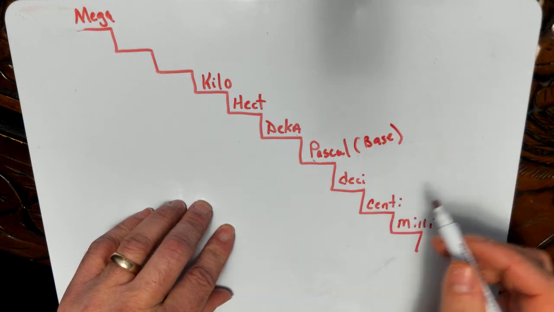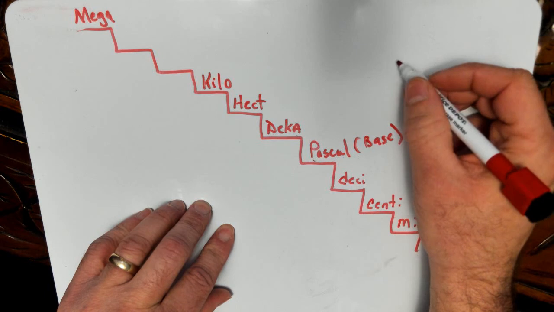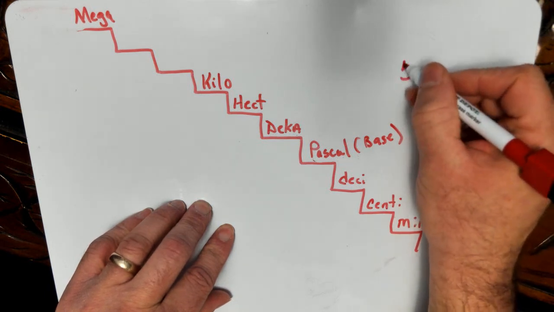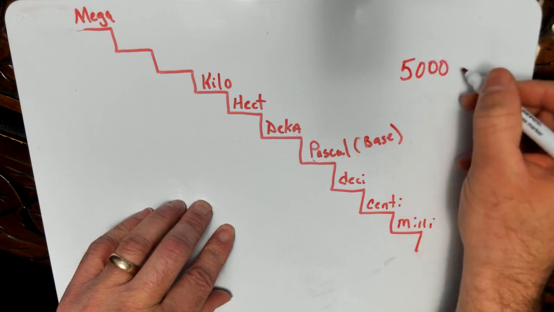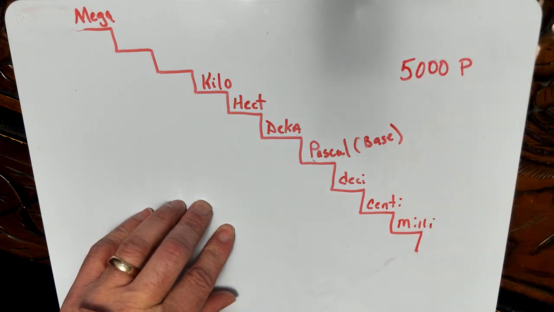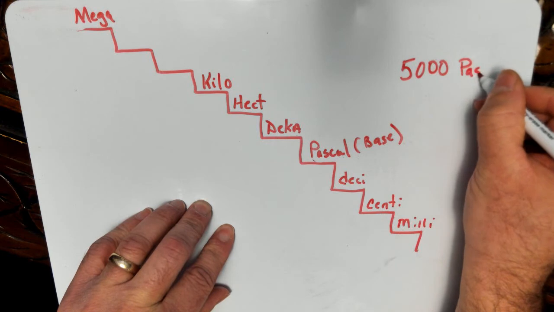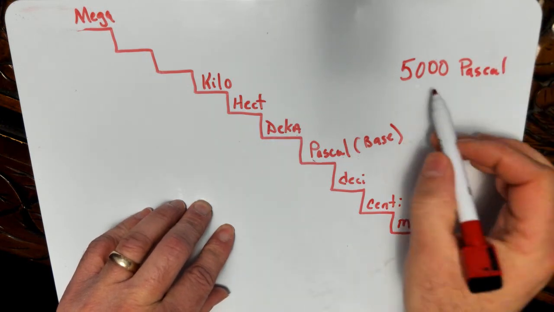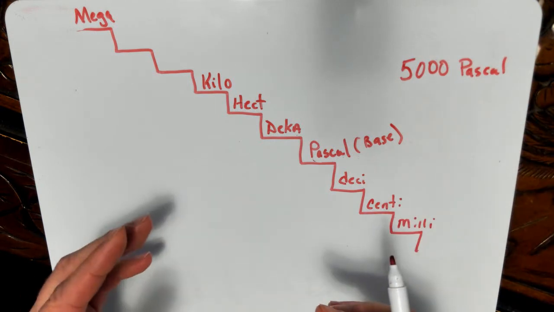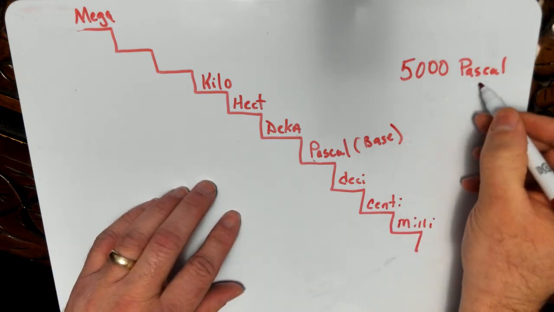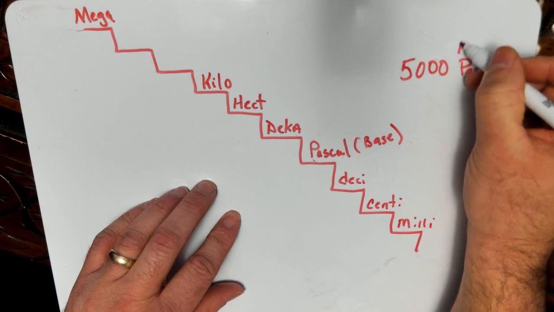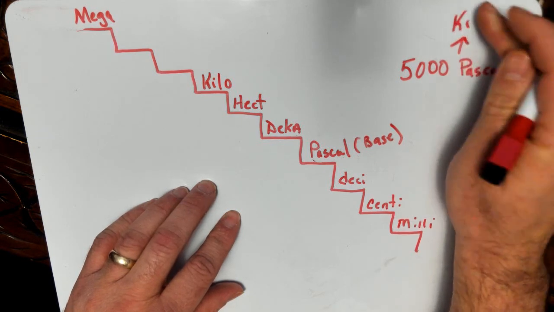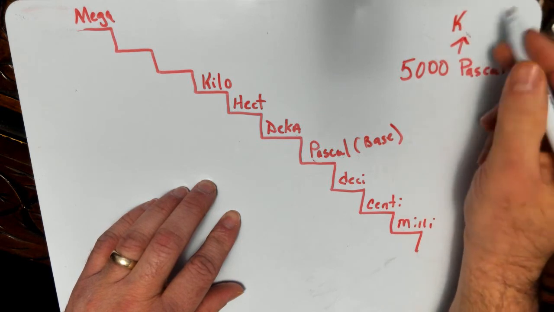I'm going to put right beside of it "base," that way you know what it is. But let's say, for instance, I had 5,000 Pascal, and I want to simplify this into a smaller number. Let's say I want to convert this 5,000 Pascal to a kilo Pascal, which is typical.